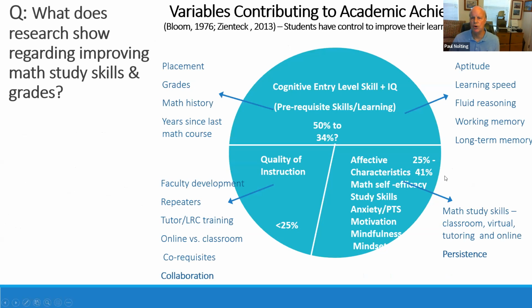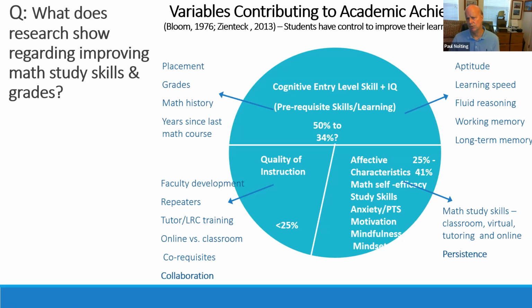Here's my famous chart, which I've had done several times, and I redid it because the new research is out. It used to be up here at the top. About 50% was cognitive entry skills, IQ, and prerequisite math skills. That's not true anymore. States like California have totally outlawed placement tests.